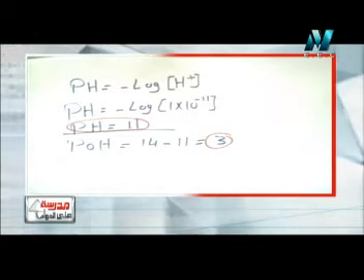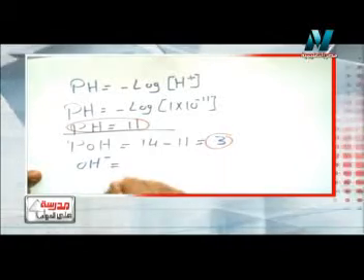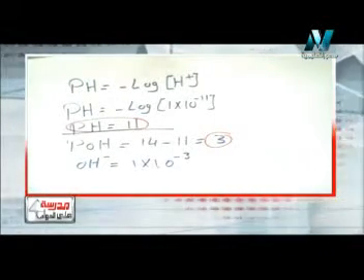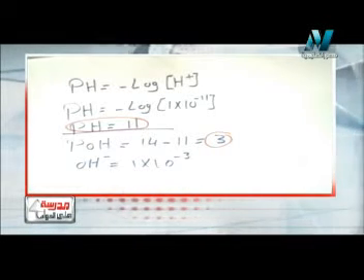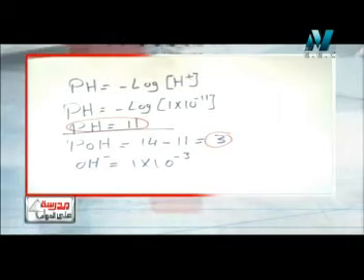We want to get the concentration of OH negative, which will be 1 times 10 to the power negative 3, because the negative logarithm of 1 times 10 to the power negative 3 will be 3. And this solution is a basic solution because the pH is more than 7.